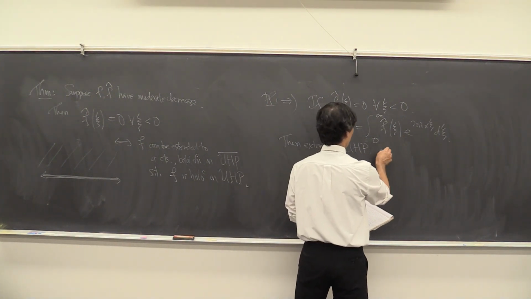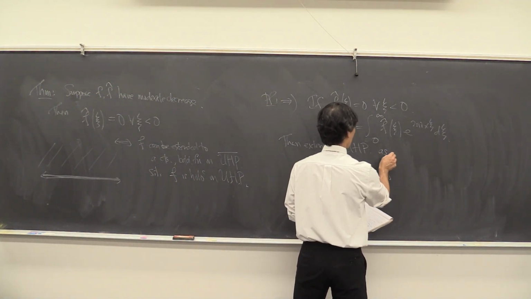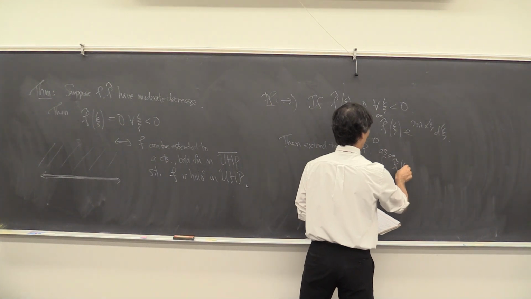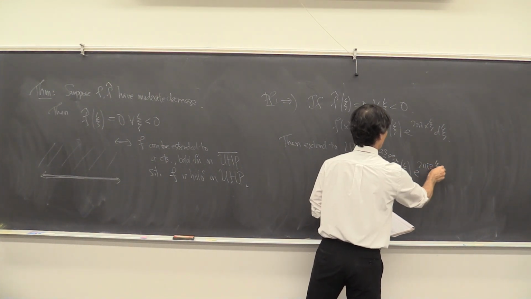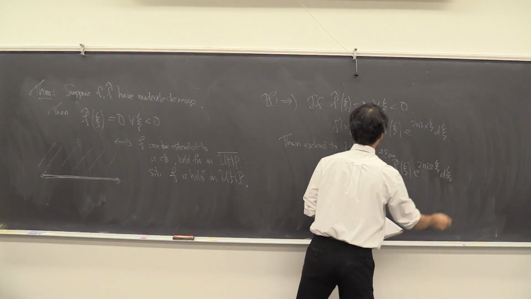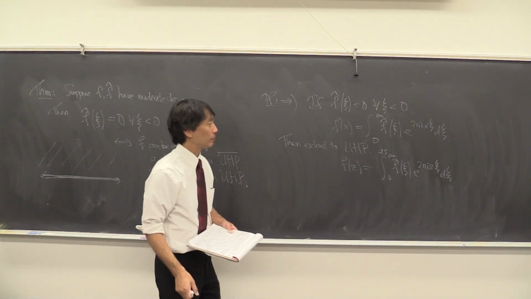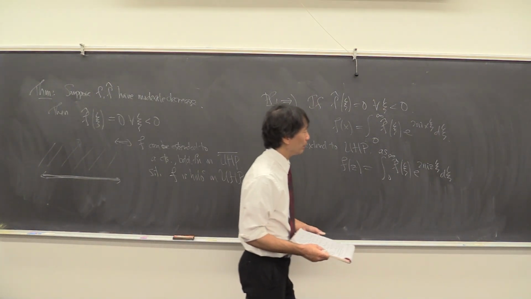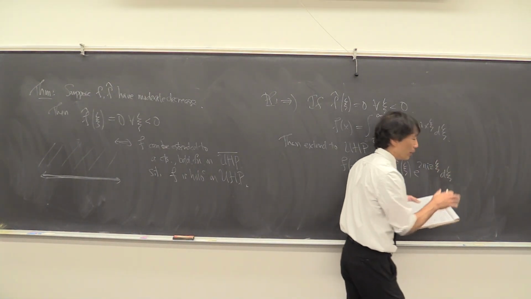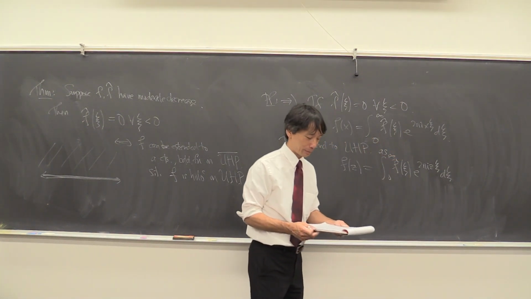So f of z is the integral of f hat of c e to the 2 pi i z c dc, using the holomorphic Fourier inversion.